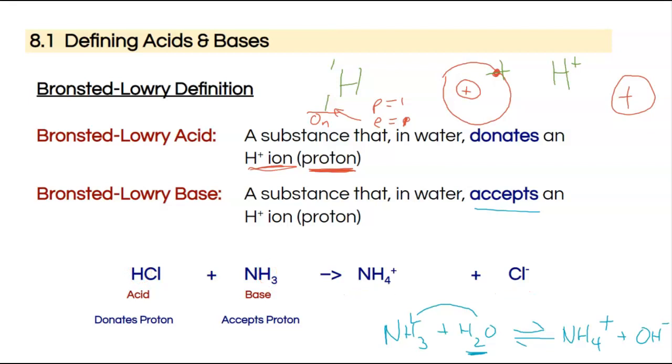It looks like my hydrogen ion in my acid was donated to my ammonia, right? So my hydrogen chloride, or hydrochloric acid, has donated the proton and the ammonia has accepted that proton. That is what makes hydrochloric acid an acid and my ammonia, in this circumstance, the base.